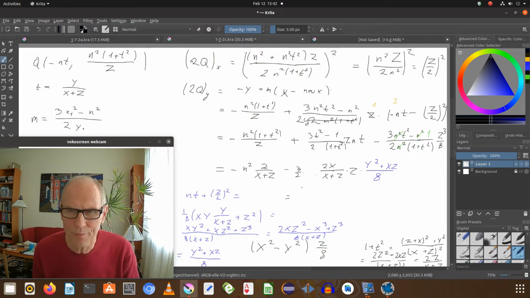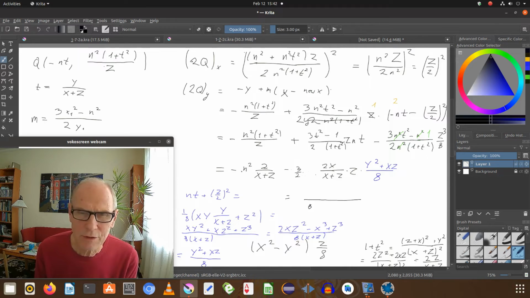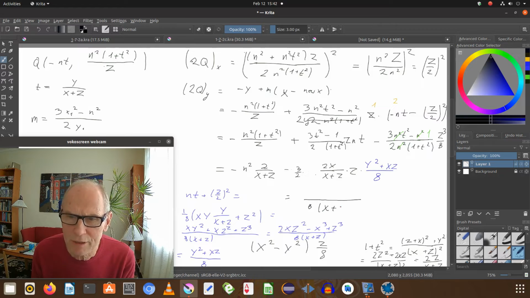So we now have 8 down in the denominator, and this is a quarter x y squared, so that's a half, so it's 4, and times x plus z.